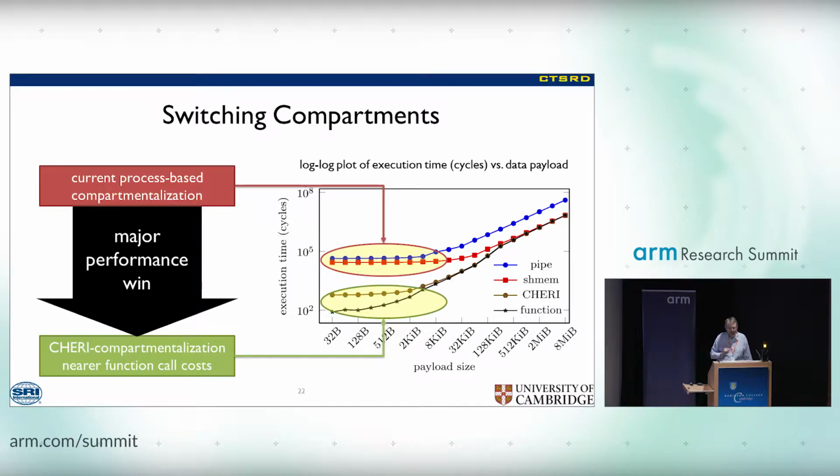Let's give you some performance numbers. The bounds checking is incredibly helpful, but the performance win is when we start doing compartmentalization. An easy way of drilling down to the performance is to look at moving data from one compartment to another. Here we've got a log-log plot with the payload size when we're moving things into a compartment on the x-axis and the execution time on the y-axis, which is also on a log scale.